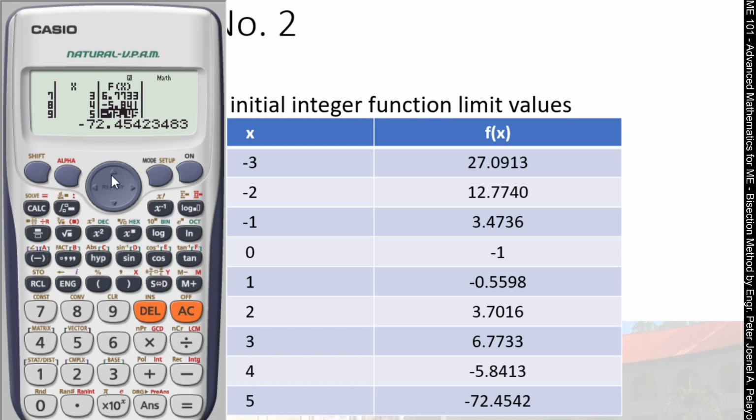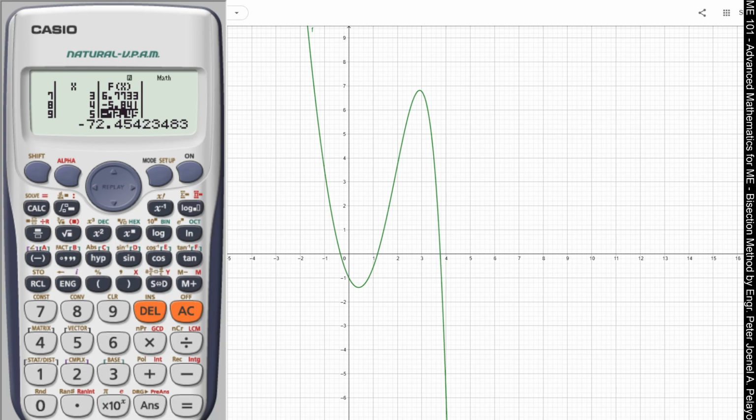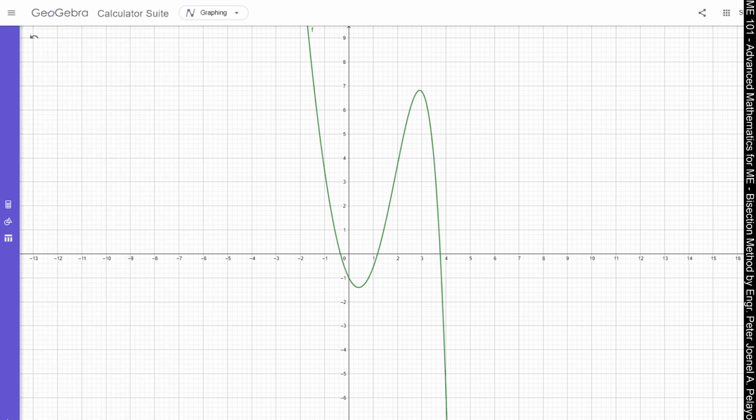Now, paano tayo titingin ng roots dyan? Okay, balik tayo dun sa graph. Tago ko muna yung calculator. Di ba, masasabing root kapag pumasok siya within this or nag-cross siya within this x-axis. Root na yan.